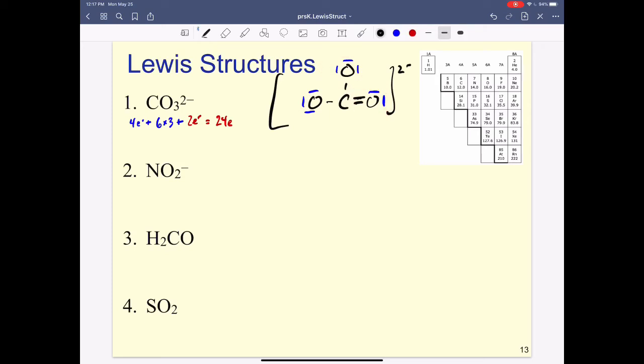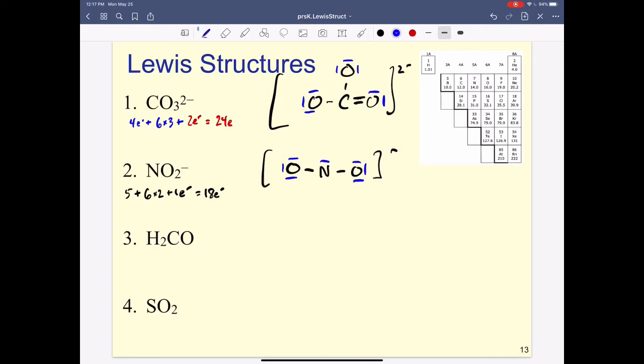Now we'll try nitrite. 5 electrons on the nitrogen, 6 times 2, plus 1 extra electron, giving us 18 electrons. That's 9 lines, putting the nitrogen in the middle and the square brackets with the 1 minus charge. We have now used 2 of our 9 lines, 3, 4, 5, 6, 7, 8, 9.